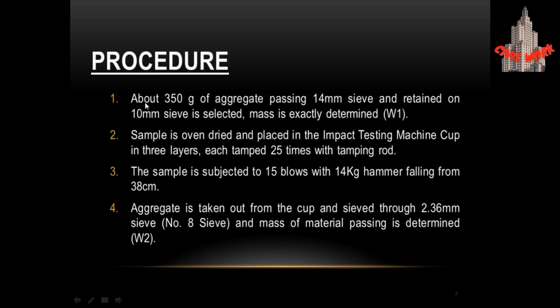This point has a clear explanation: we take about 350 gram of aggregate which has to pass the 14 millimeter sieve and be retained on the 10 millimeter sieve. Mass is exactly determined as W1.